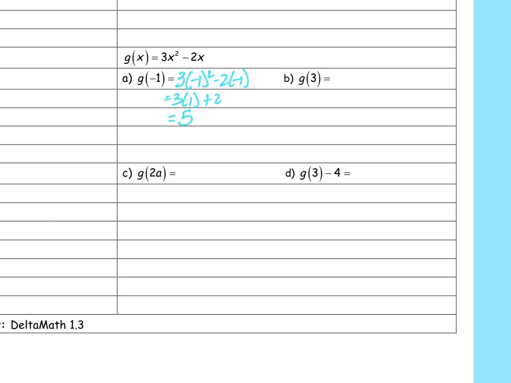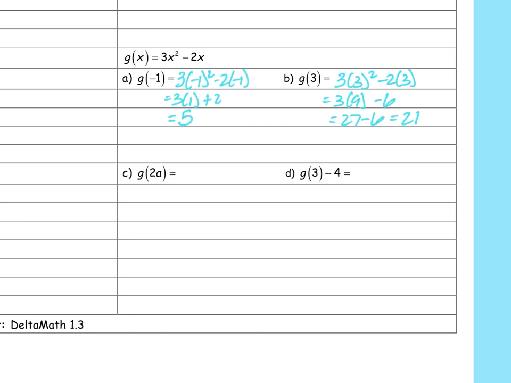And then g of 3 is 3 times 3 squared minus 2 times 3. So 3 times 9 minus 6. 27 minus 6 is 21.